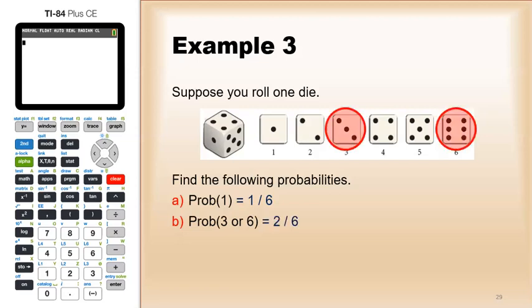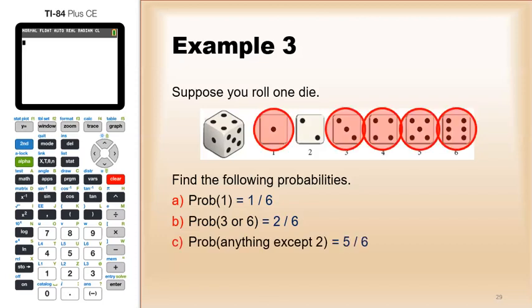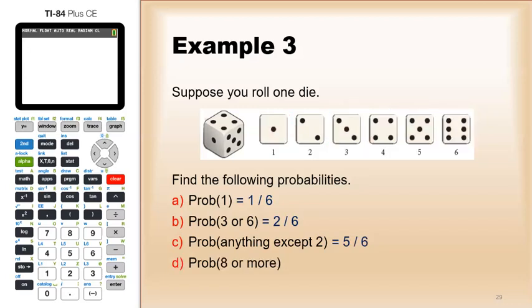So the probability would be 2 out of 6. If I want the probability of anything except 2, well, 5 of those are not 2s out of 6, so the probability is 5 out of 6. And then the probability of 8 or more, well, none of them are 8 or more, so the probability is 0 out of 6.